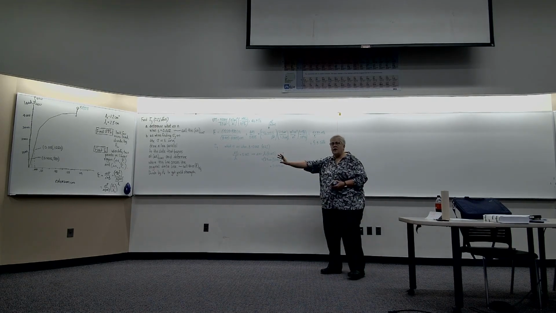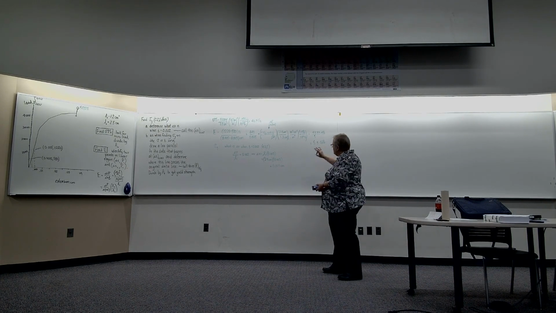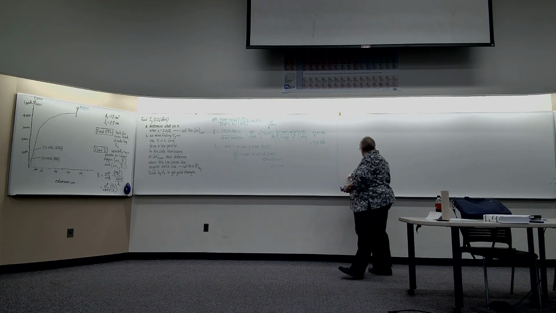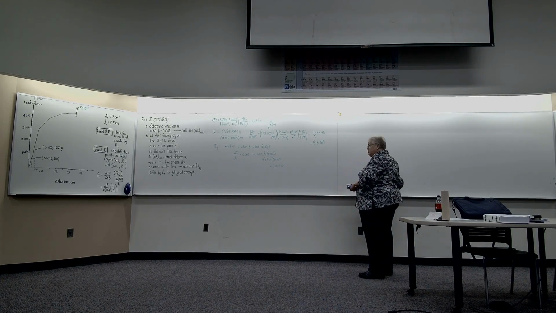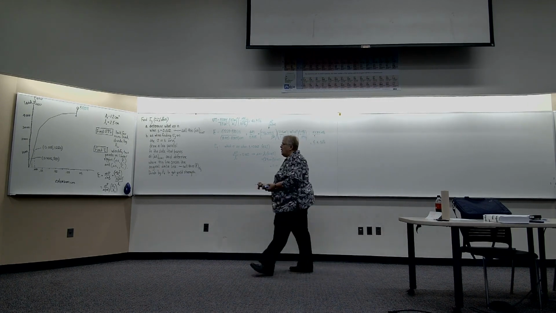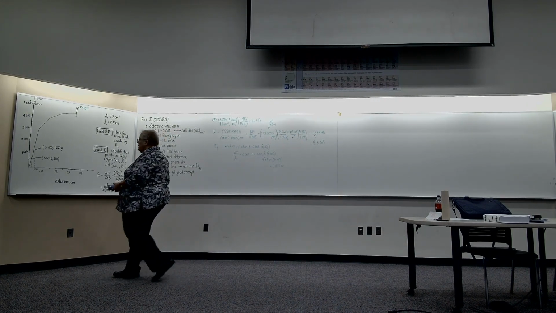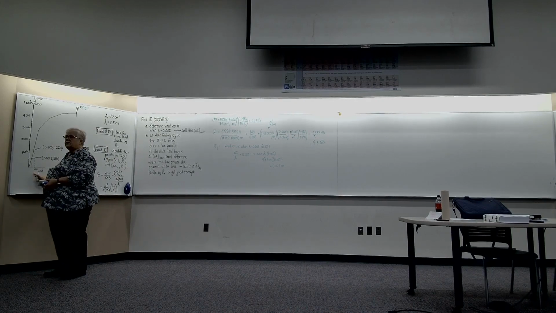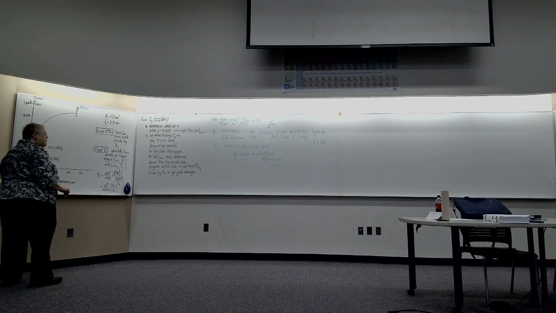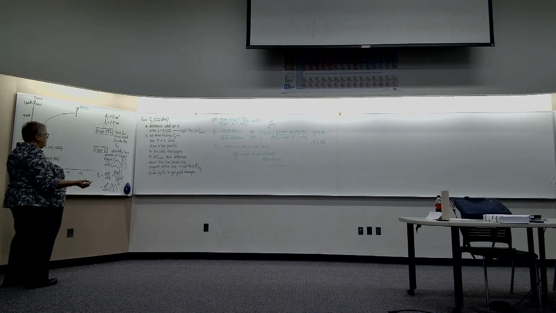If I took this graph and made my columns and converted it to a stress strain graph, I would be looking on the x-axis for where strain is 0.002, which would be the same place as where extension is 0.005. All right, so that's step A, find where that is.